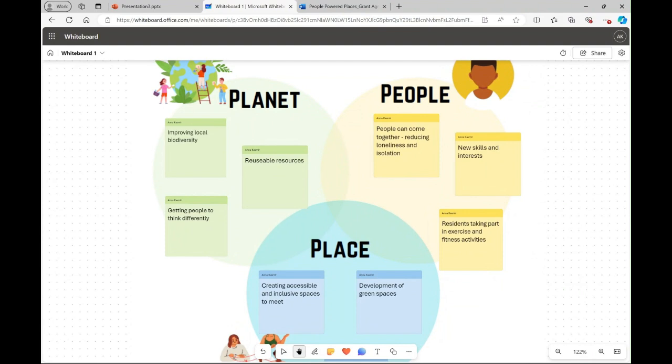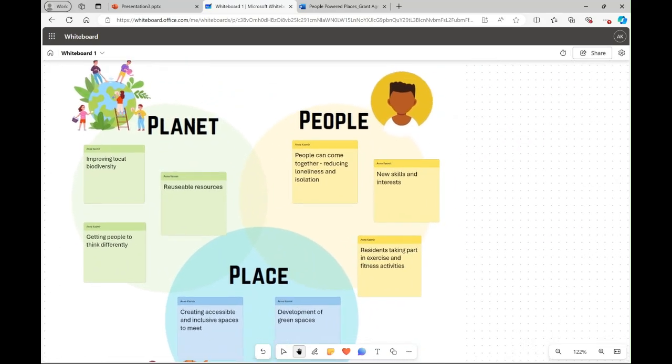You might want to think about resources you're using, such as reusable resources or recycling materials. And someone spoke about actually just getting people to think differently about the planet, about how they are using things locally and recycling.